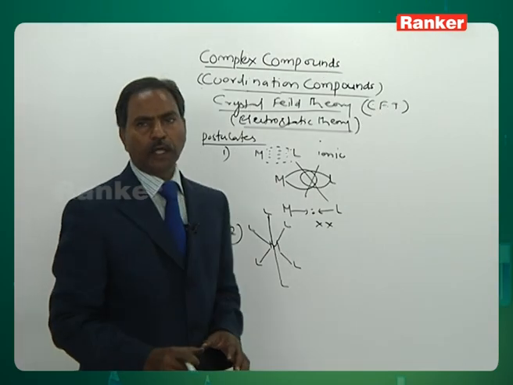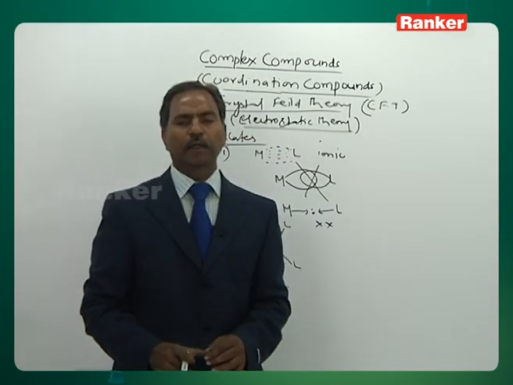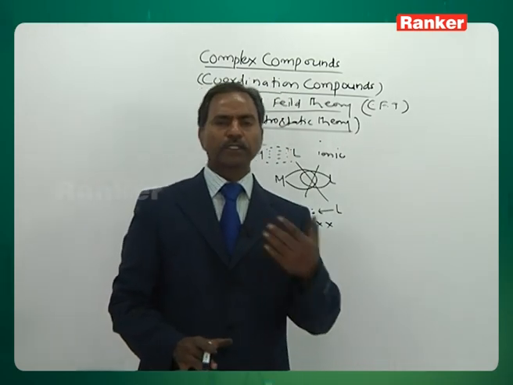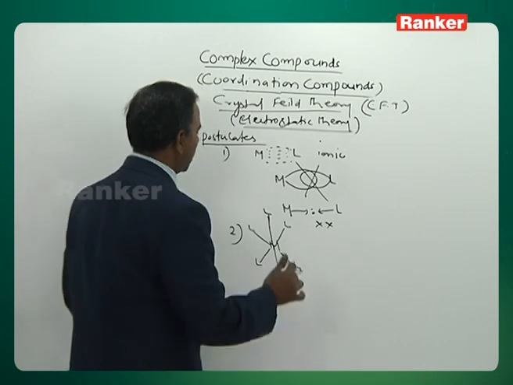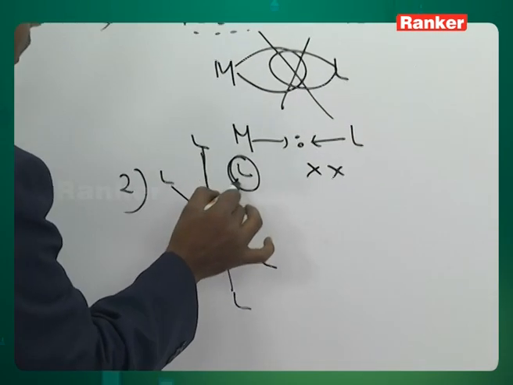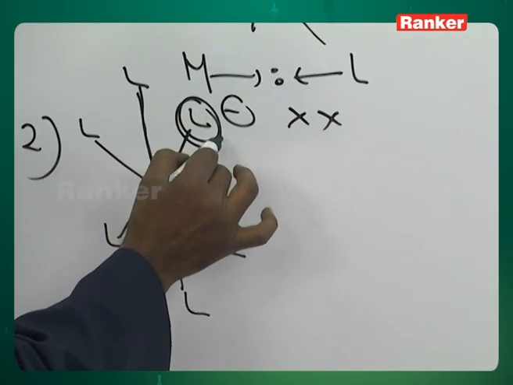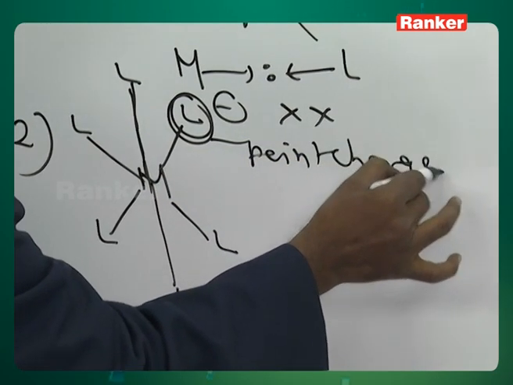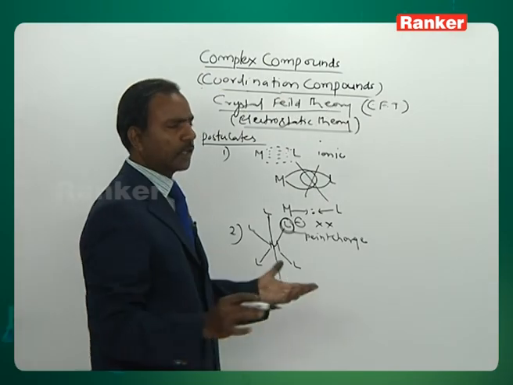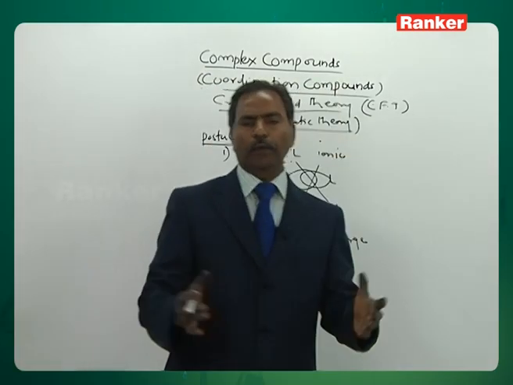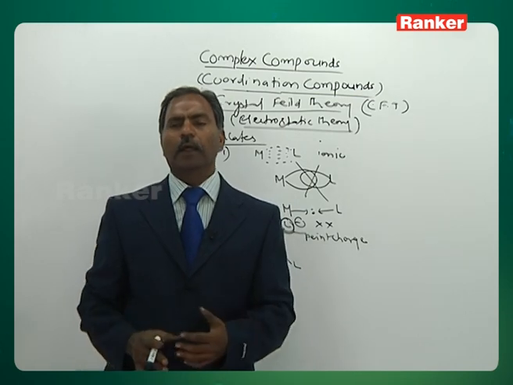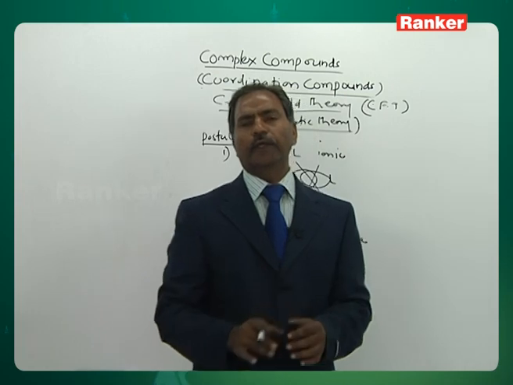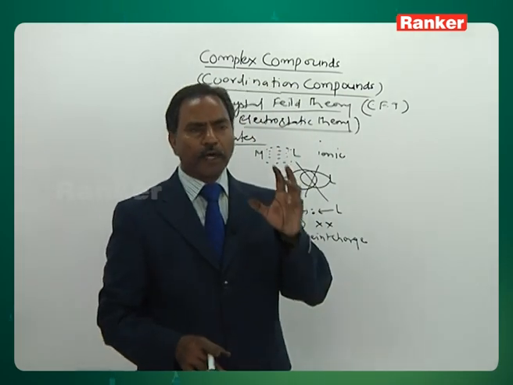According to this theory, a negative ligand is considered a point charge. Take any negative ligand like chloro, cyano, bromo, or nitro. All the negative ligands we can consider as point charges.